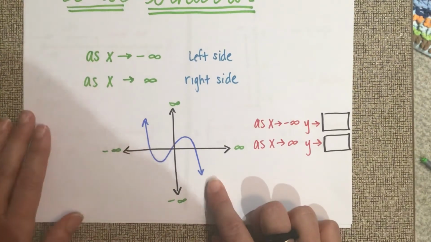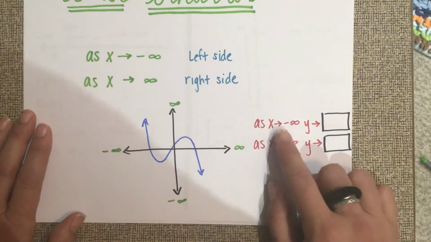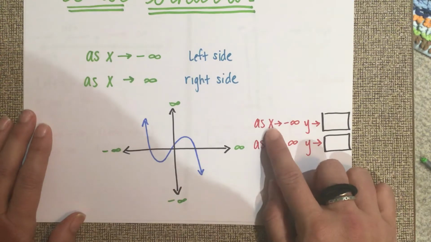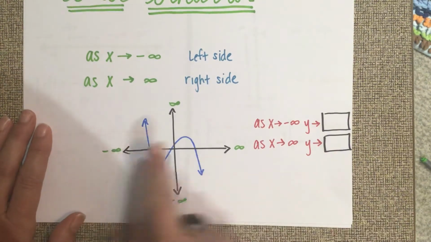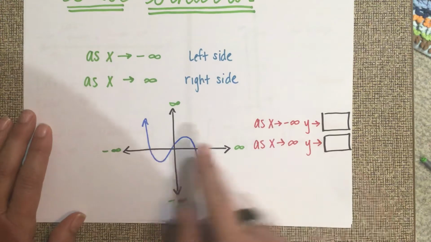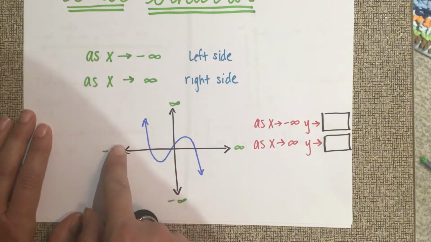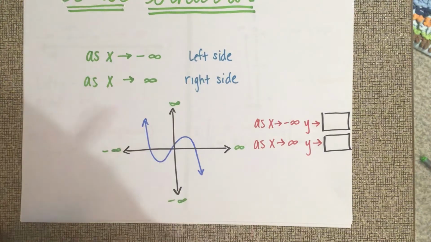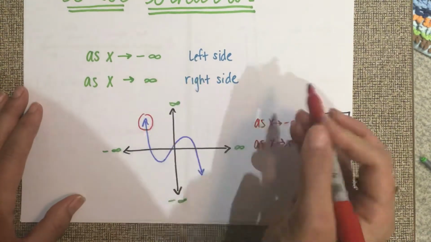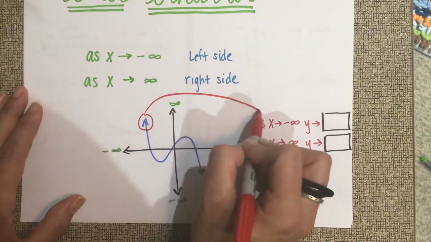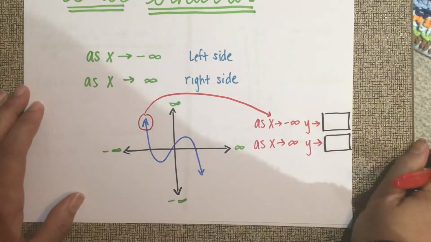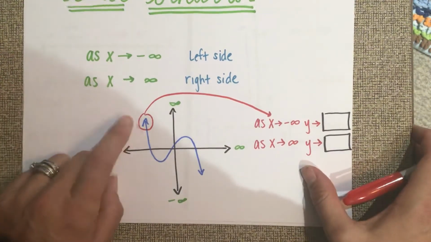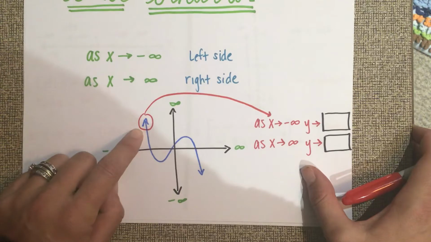So remember, we said that if we are pointing at x, x is left and right. So if we're saying to negative infinity, I'm referring to the left-hand side. So this is referring to the left arrow. What is this end of the graph doing?